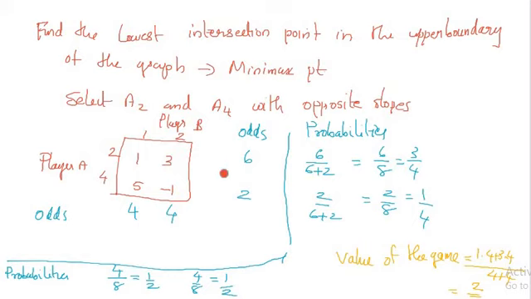So for player A, the optimal strategies are 0, 3 by 4, 0, 1 by 4. For player B, the values are 1 by 2 and 1 by 2. The value of the game is 2.